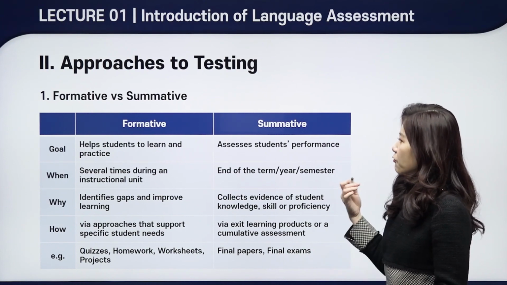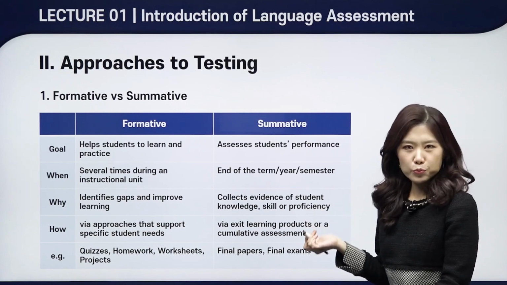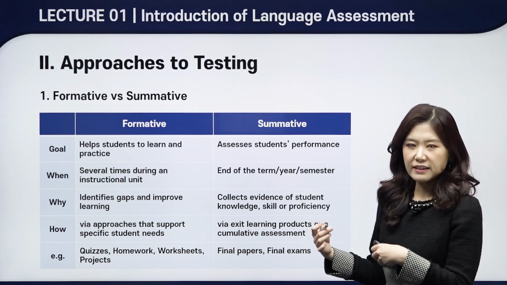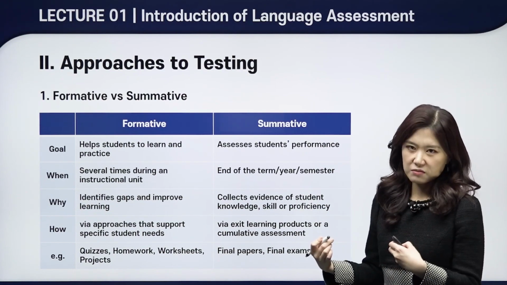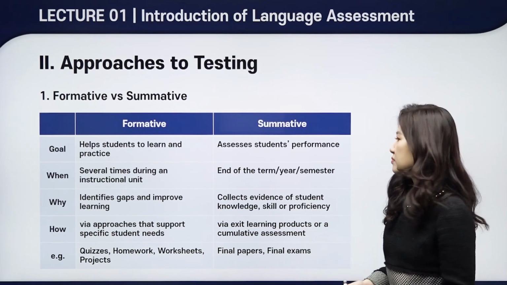So we give formative tests to identify gaps in knowledge and to improve learning. So the goal is to help identify gaps in students' knowledge so we can support their learning process rather than to evaluate their performance for assessment.